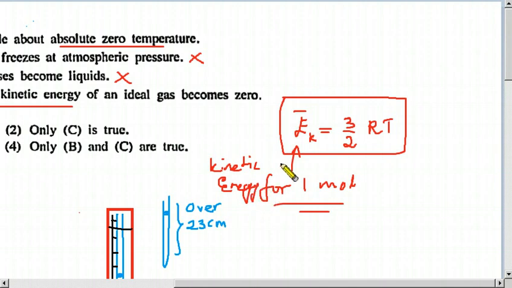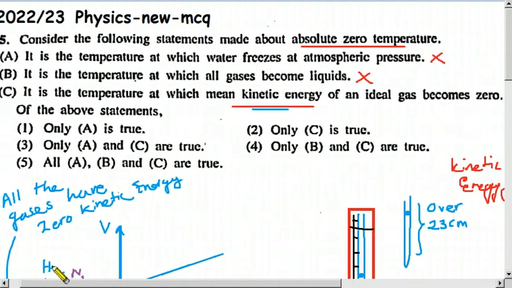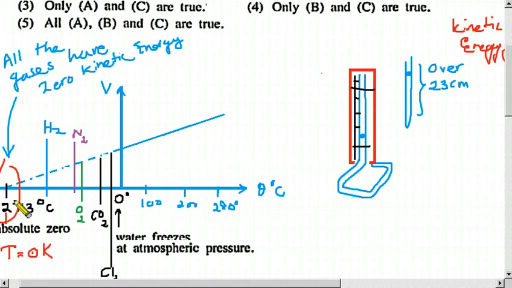Kinetic energy. R is not 0. So for this to become 0, the kinetic energy has to be 0, and that happens at what temperature? It means the absolute 0.